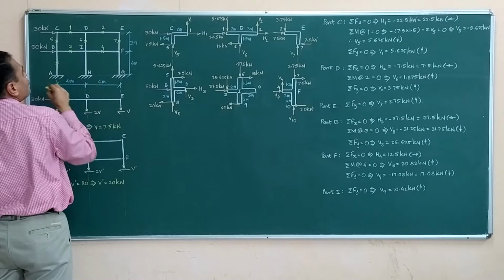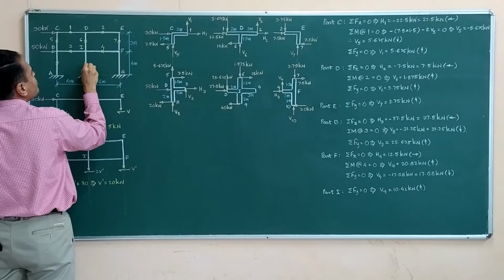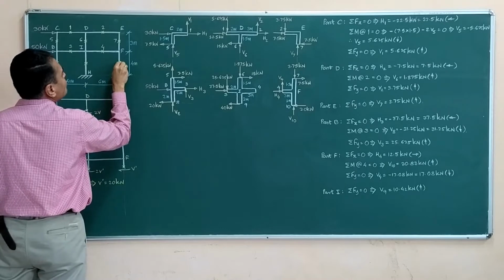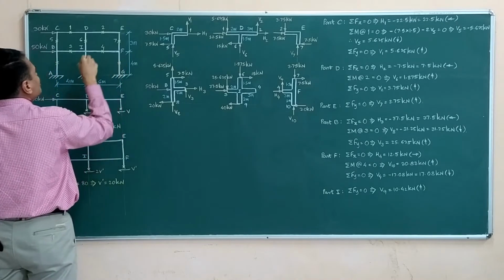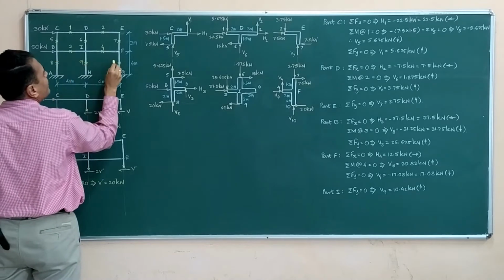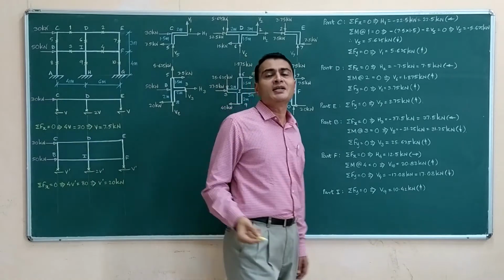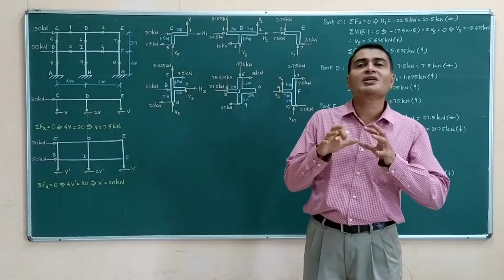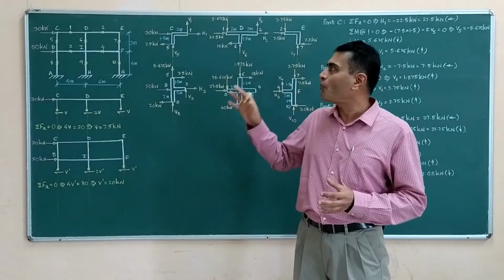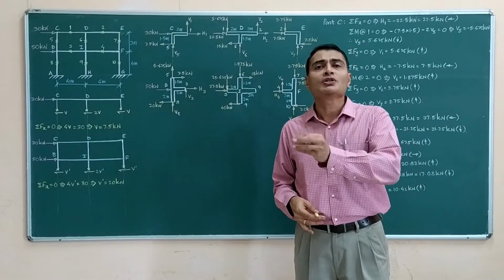And then for the entire height of 4 meters, at 2 meters and 2 meters, there are 3 more points of contraflexure, one in each column. Let's say they are 8, 9 and 10. So for joints we are using the alphabets A, B, C, D, and for points of contraflexure we are using 1, 2, 3, 4 up to number 10.